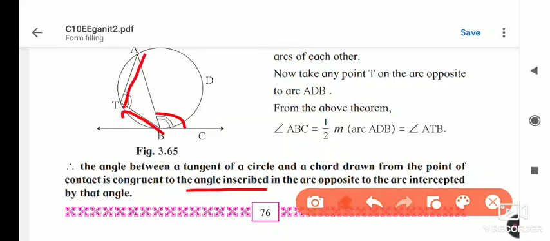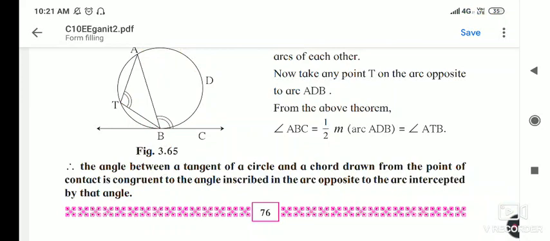Which arc is intercepted by this angle ABC? That is ADB, and the angle ATB is located in the opposite arc. So this angle is also congruent, meaning ATB is congruent to ABC, that we have to prove.